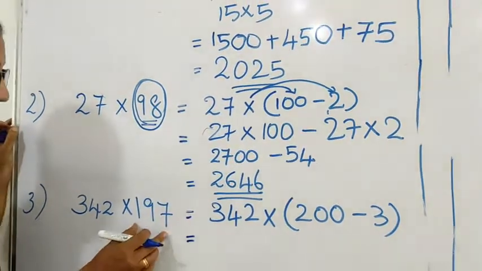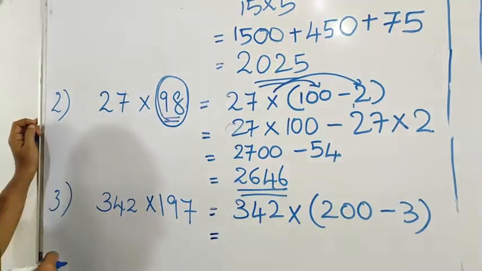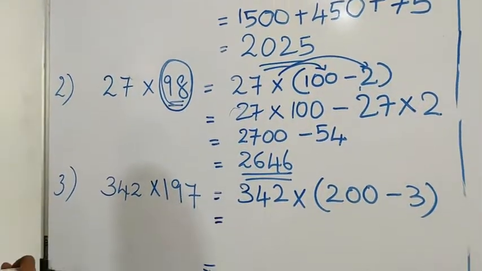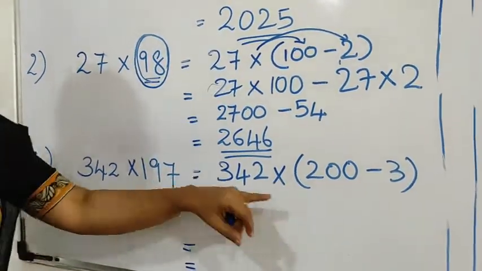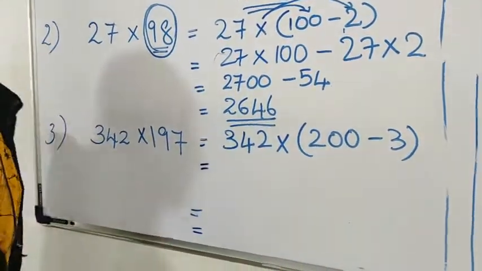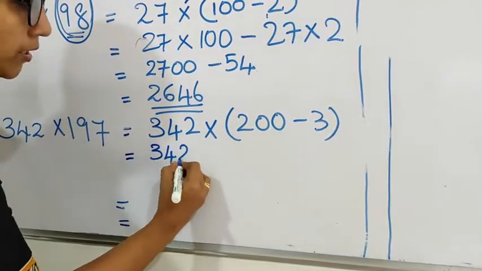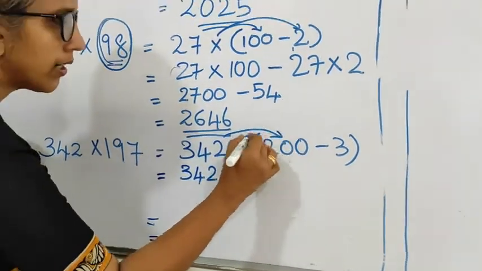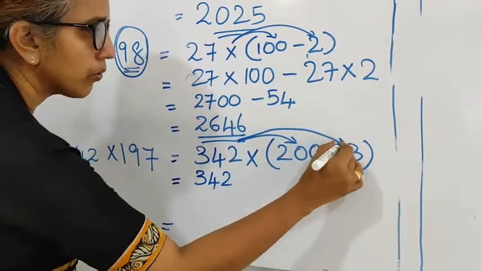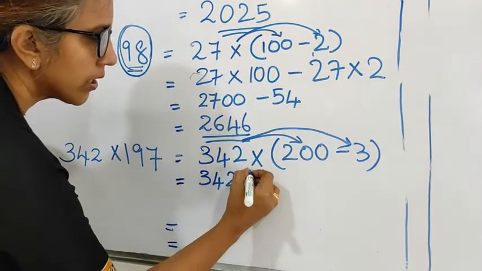Or if you expand this, it will become 100 plus 90 plus 7. So you will get 342 into 200 minus 3. So we will do this first. So 342 is to be distributed to 200, 342 to be distributed to 3. 342, what is the operator you have to distribute? It is into.